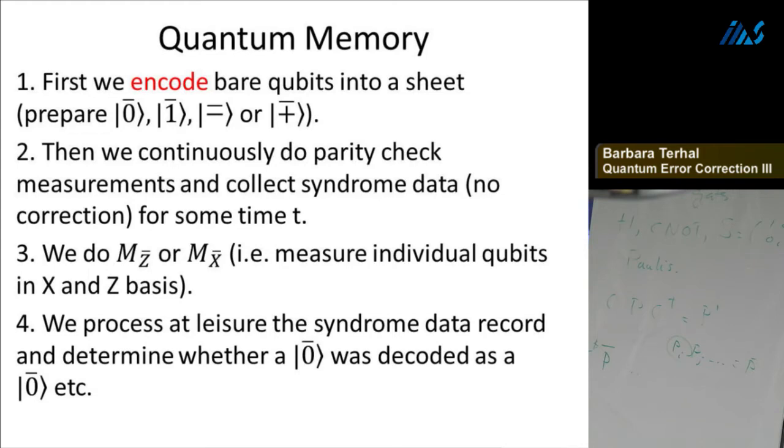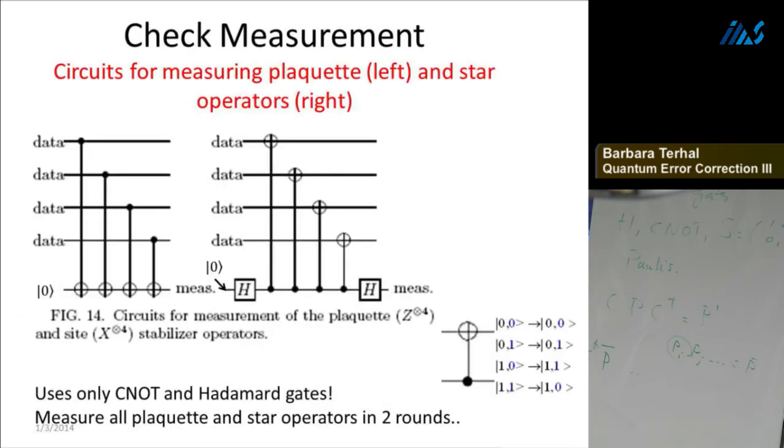We don't do any correction. We just collect this. At the end, we decide to do a measurement in logical Z or logical X. I'm just assuming that we encode 1 qubit here. And then we process at leisure the syndrome data record to interpret the outcome of this measurement. That's the whole procedure. So that's this quantum memory, at least without any further gates.